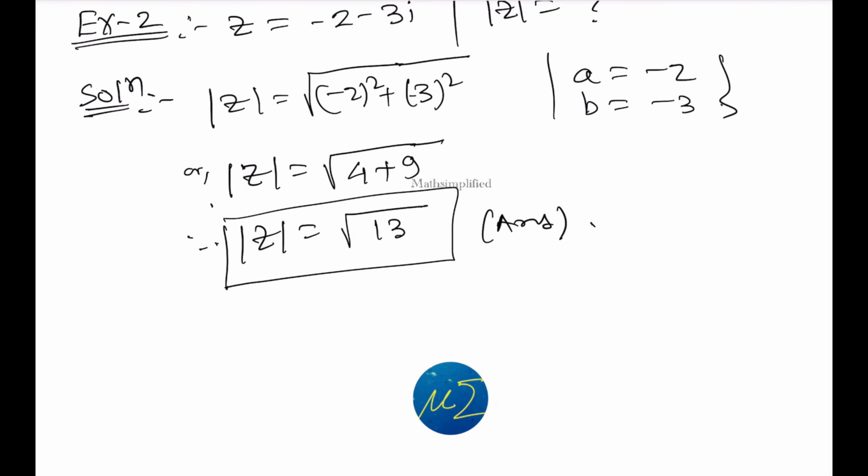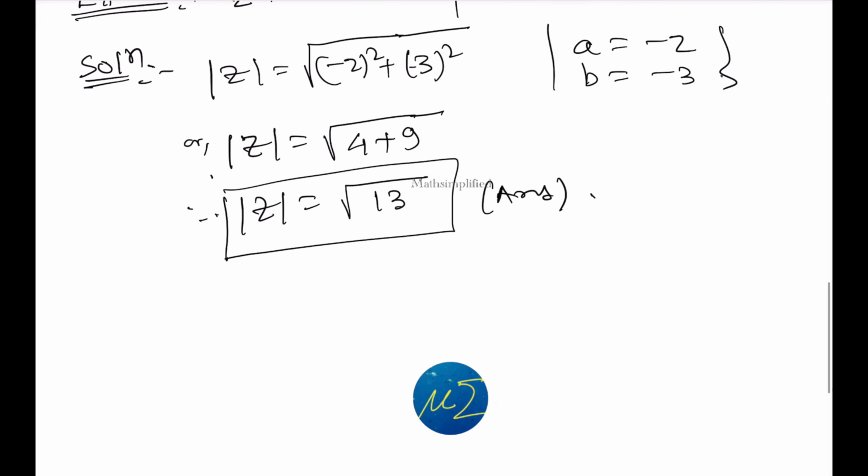We know that minus 2 square is 4 and minus 3 square is 9. Therefore mod z equals the square root of 4 plus 9, which is 13, square root of 13. This is our final answer. So this portion is clear.